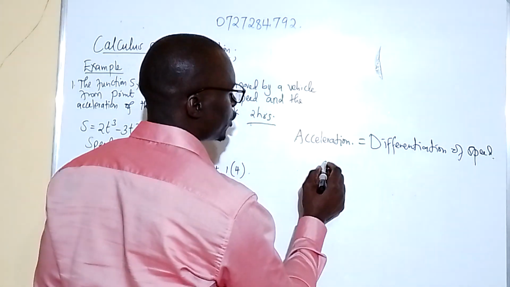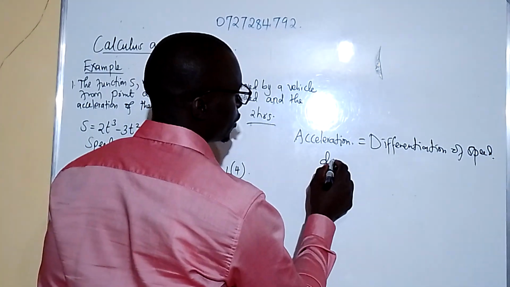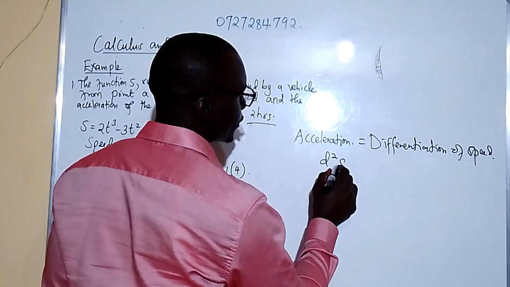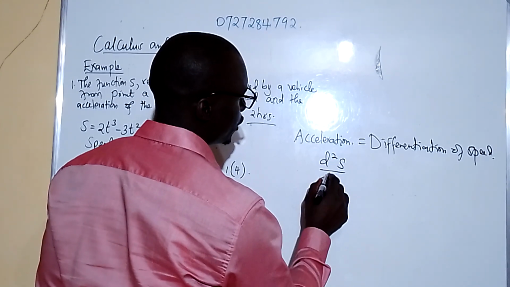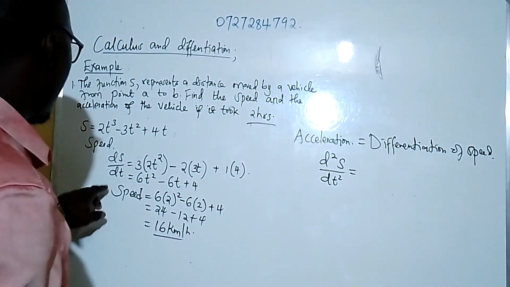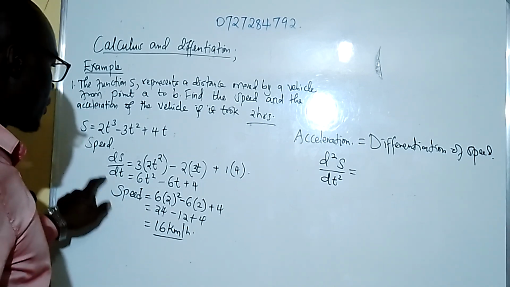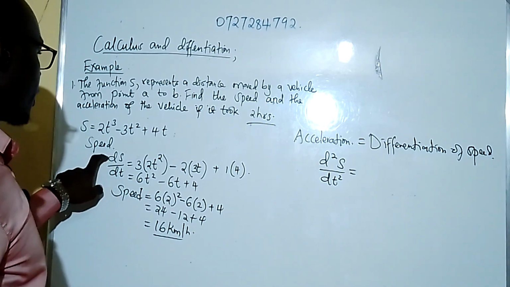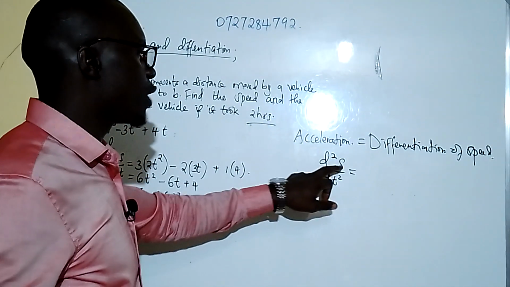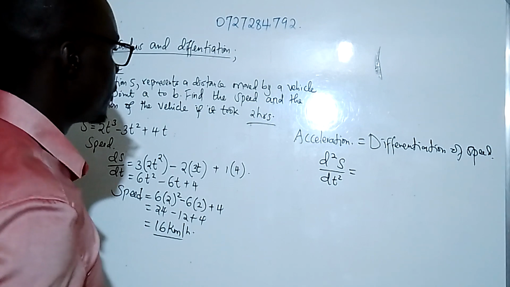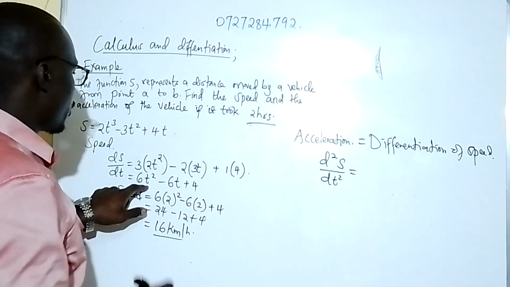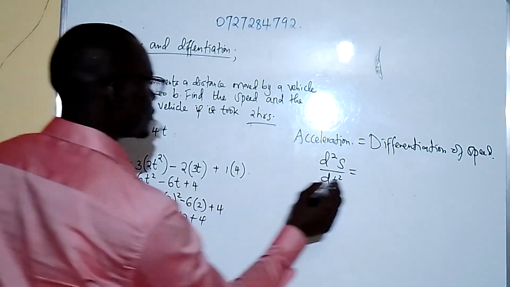So acceleration is d squared s all over dt squared, which is equal to, we have our speed here, which is ds dt. So by differentiating this further, we come up with d squared s dt squared.